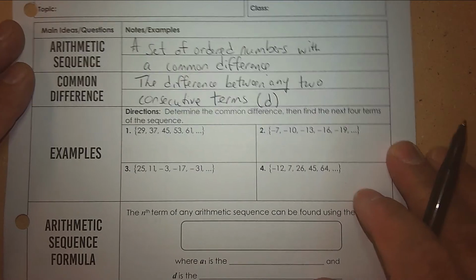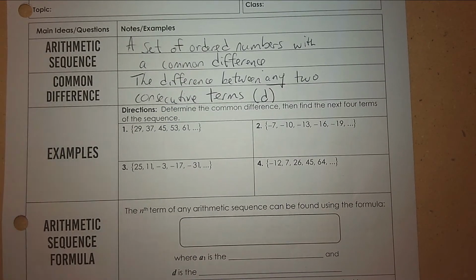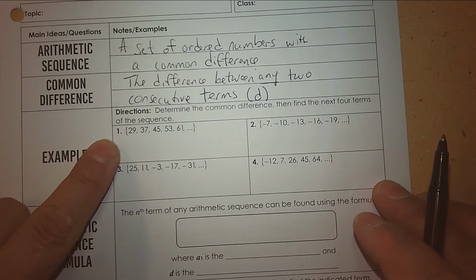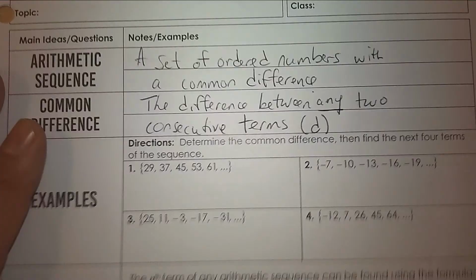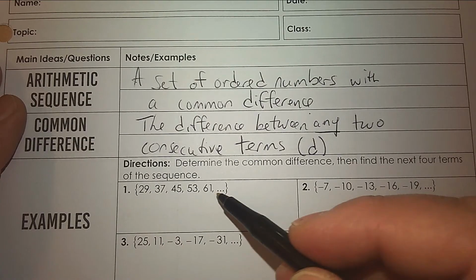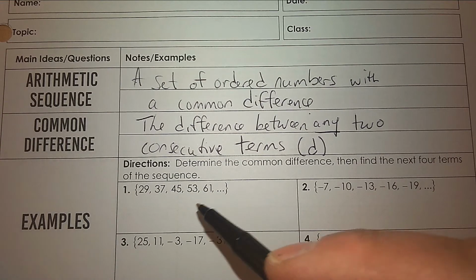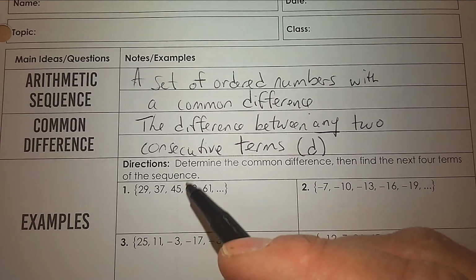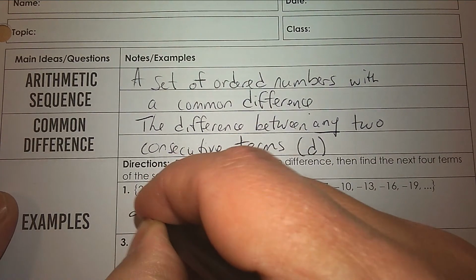So let's see if we can just understand arithmetic, and this is the easy part of the lesson, looking at an arithmetic sequence. So look at number one. Look carefully. Do you understand why number one is an arithmetic sequence? And your answer should be yes, because I see a common difference. So, do you know what the common difference is?